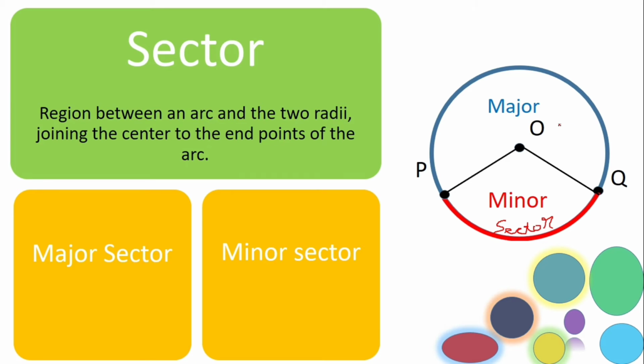So blue one is the major arc and minor arc is represented in red color. So if I join the endpoints of the minor arc with the center, the region of the circle inside this will be the minor sector, and the major arc corresponds to the major sector.